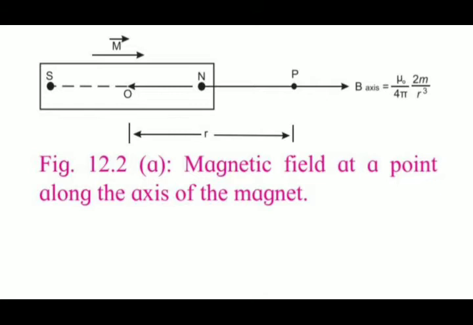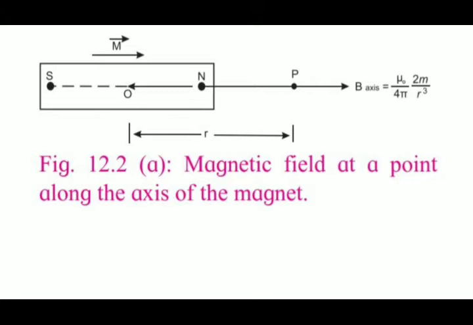So OS is equal to ON is equal to L. As I had already explained, the length of the north pole from the center of the bar magnet and the length of the south pole from the center is L. That's why the magnetic length is twice L. Always remember, the distance of the poles from the center will always be the same. So OS is equal to ON, both equal to small l.